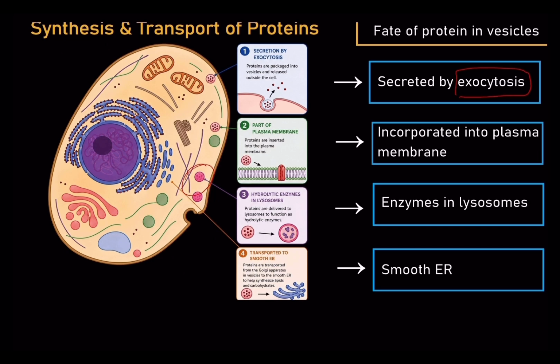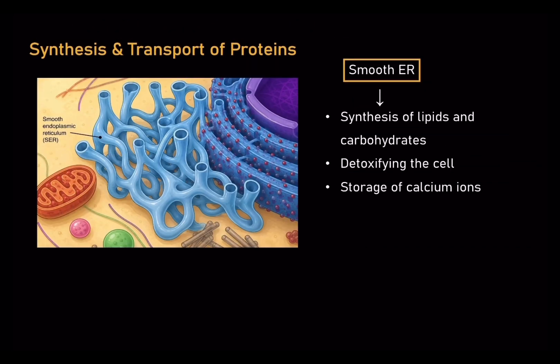Now, what's the job of the smooth endoplasmic reticulum, and why are proteins transported to the SER? Smooth endoplasmic reticulum is this structure that you see here, and it is continuous with the rough ER, but it has no ribosomes on its surface. Smooth ER contains many important metabolic enzymes.